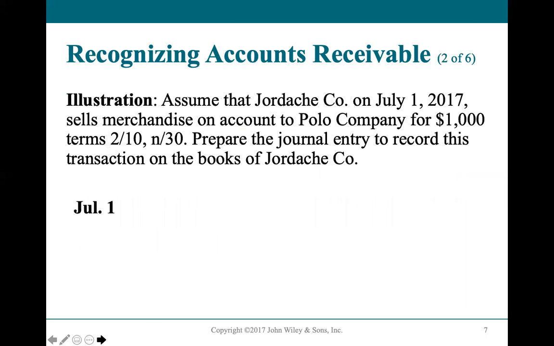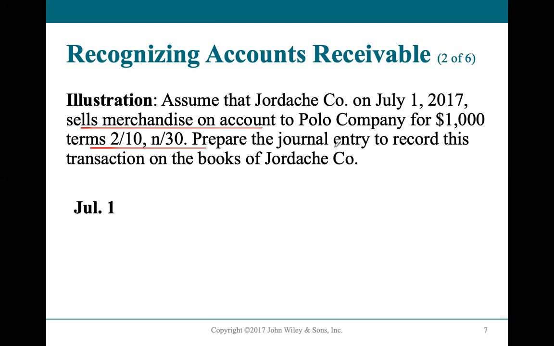So you all kind of know how this works from way back in the day when we did retail and merchandising. We had one company that sells merchandise on account to another company, and they give them payment terms, 2/10, net 30, right?